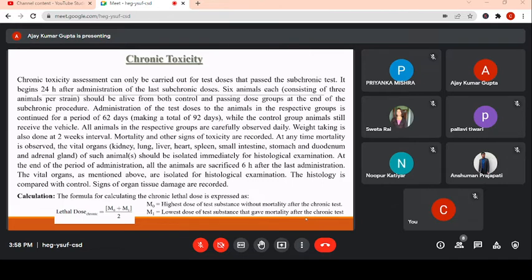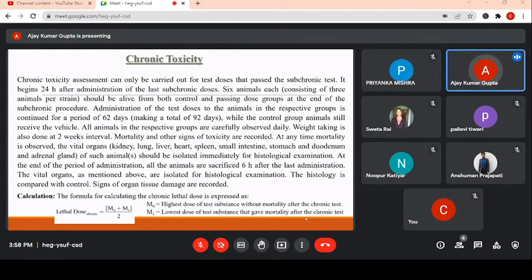Okay. So as you remember, in the previous subchronic test, there were 10 animals, 5 of each strain, and after the completion of the last subchronic dose administration, when all were alive, 2 were sacrificed.